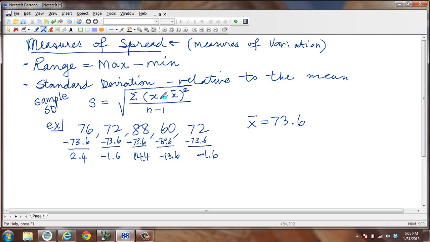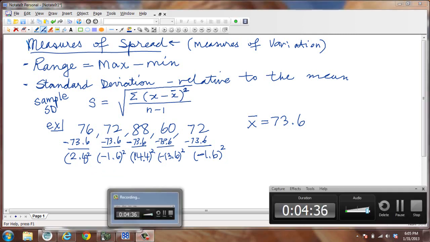Alright, so we've taken each observation, subtracted the mean, and now I want to square it. So I'm going to square each of these numbers. Okay, so I'm going to take a minute, and you can take a minute too, and square each of these numbers.